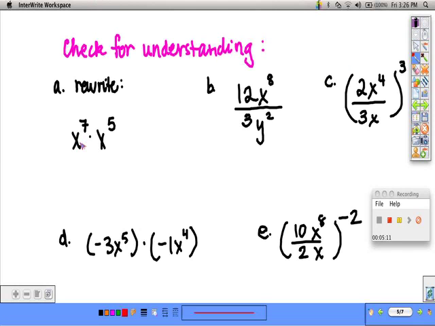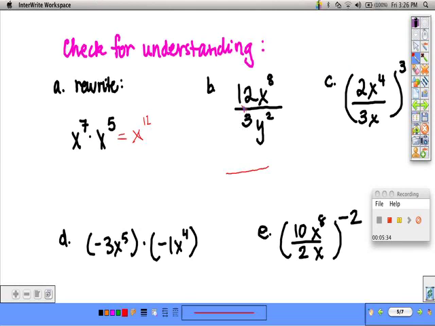So here, example A, like bases, we're multiplying, so we add the exponents. This becomes x to the 12th. Part B, we start with the coefficients.